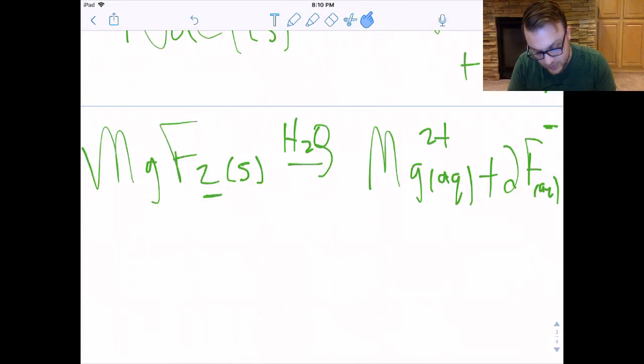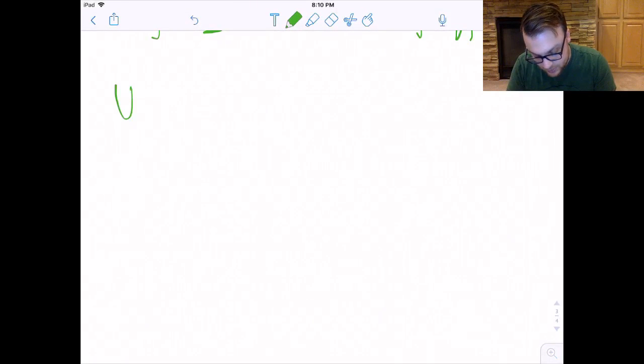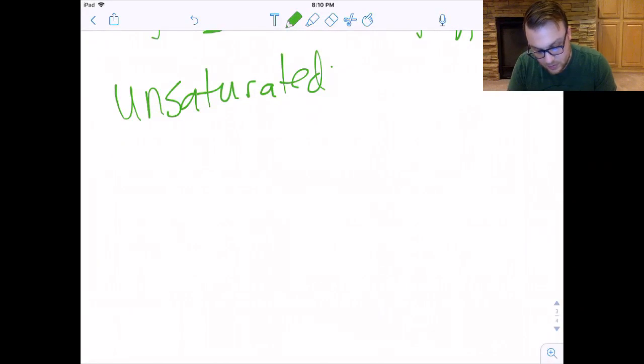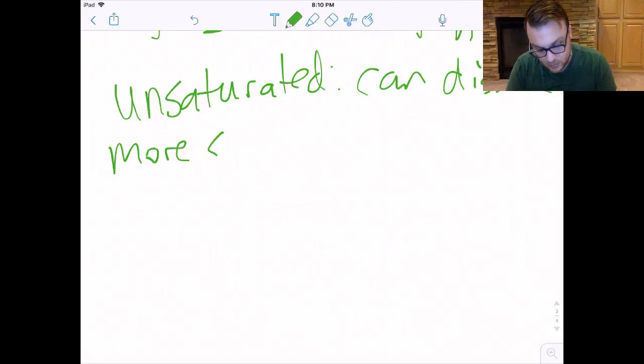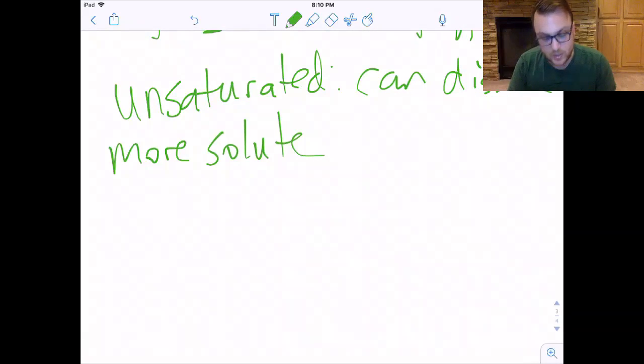You can have unsaturated, which means you can dissolve more solute. In an unsaturated solution, you have only partially dissolved that substance.